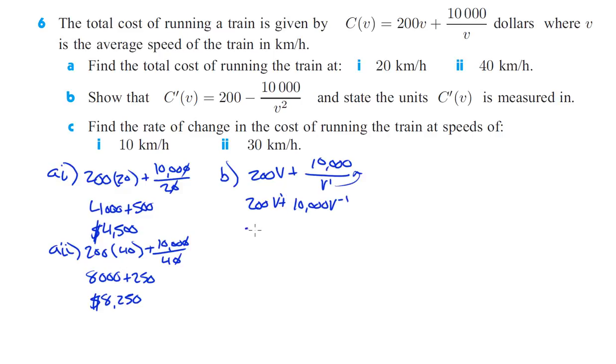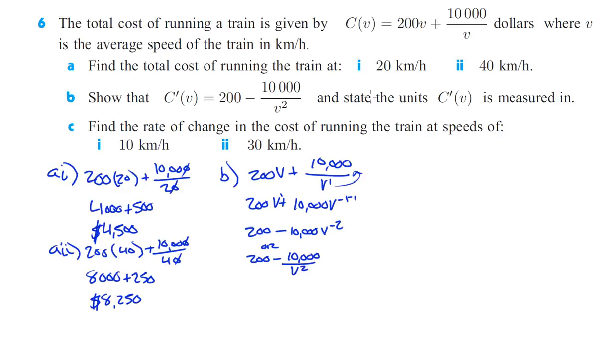So that's v to the first, so we just get 200 plus, actually negative 1 times positive 10,000 is minus 10,000 v to the negative second, right? Because we got to subtract 1 from that. Or we can write it as 200 minus 10,000 over v squared, which is what matches here.